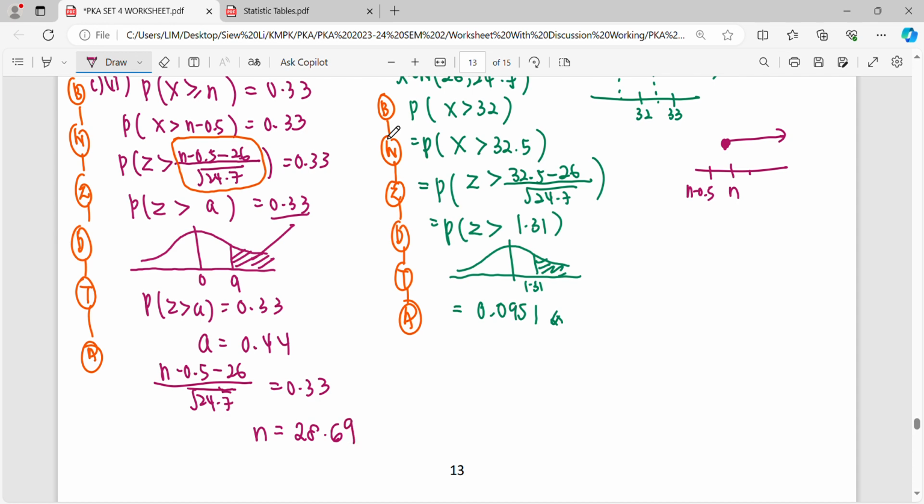So what is your n value here? n will equal 29 because n is the number of samples, starting from this grade. So you have to round off back to a whole number.